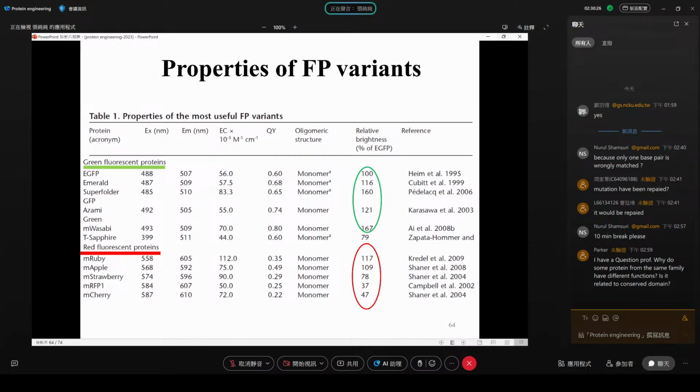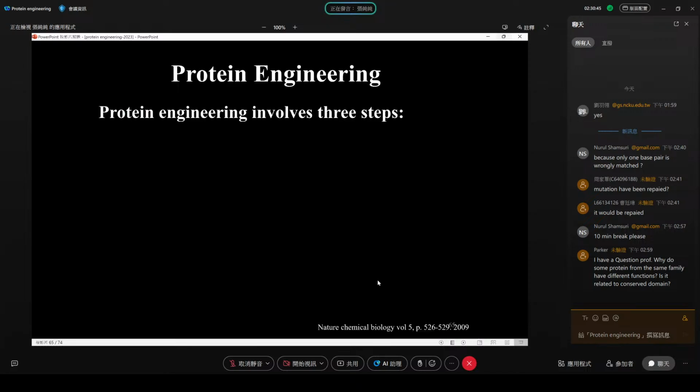Okay, so in the lab, we still use strawberry and cherry or something. If you want to compare with the green fluorescent protein, of course, it's not as bright as the green fluorescent protein, but at least it's another option to mark your protein or to mark your cell.